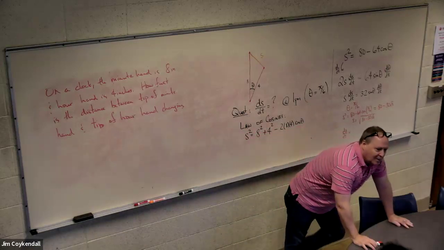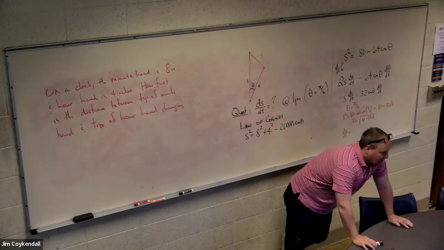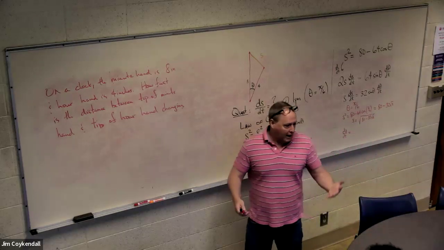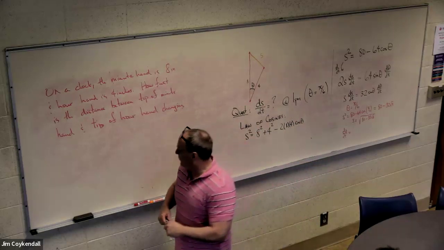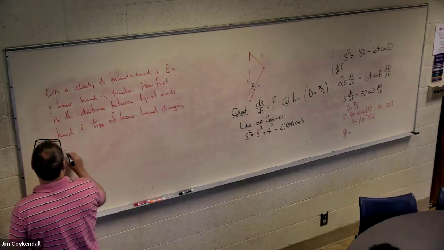Do we have a use for this property? Do I know what it is? That's right. We have not used the fact that this is a clock, right? And so in a clock, I know how fast things turn. So in a clock, the minute hand.